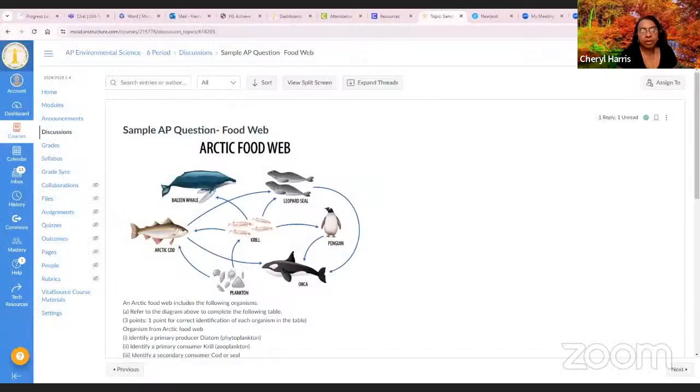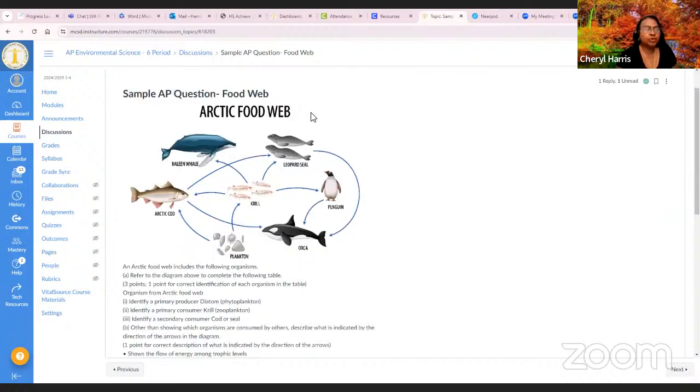All right, I want everybody to take a look at this food web. So yesterday we were talking about food webs and food chains and energy pyramids. Okay, so it says it's an Arctic food web.